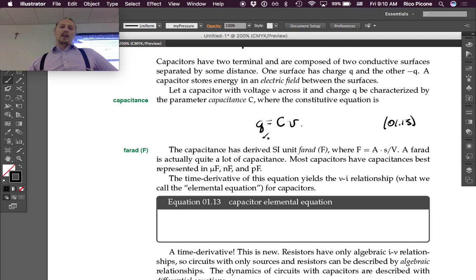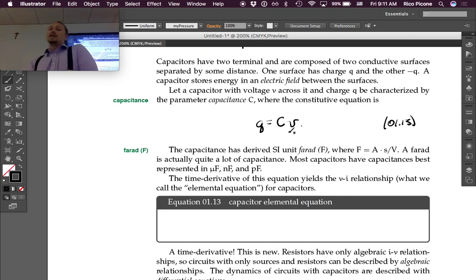And if we take the time derivative, what is dq dt? Current. Time rate of change of charge is what the current is defined as being. On this side, a pretty good approximation for a capacitor is that C is a constant.